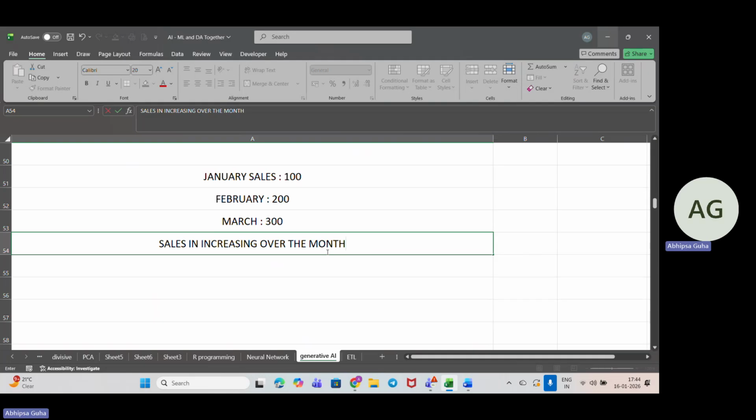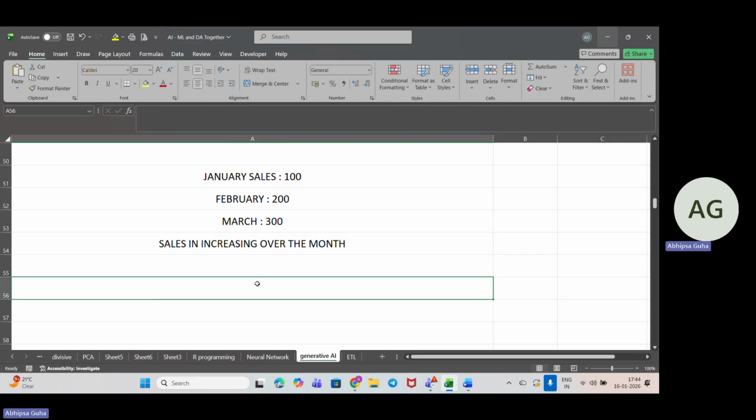Now we have to explain the data like a teacher. Suppose you ask, explain me the given data. The AI will start explaining everything in detail. It will analyze the data and help you understand it in an easier and simpler way.